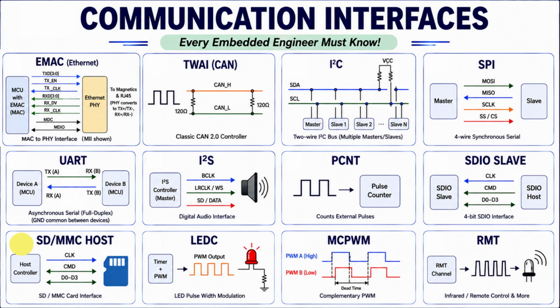With MMC Host, the ESP32 becomes the host and starts the transfer. And finally, we looked at the peripherals that deal with signals rather than data transfers. PCNT counts pulses, LEDC generates general purpose PWM, MCPWM provides specialized motor control PWM, and RMT generates and receives precisely timed pulse sequences.